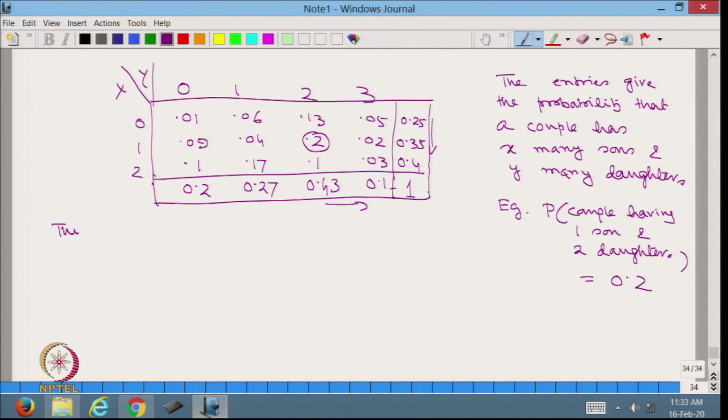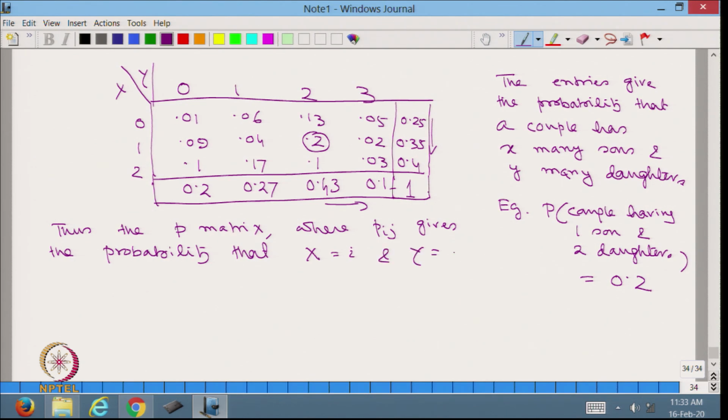Thus, the P matrix, where Pij gives the probability that x is equal to i and y is equal to j, will have the following characteristics.